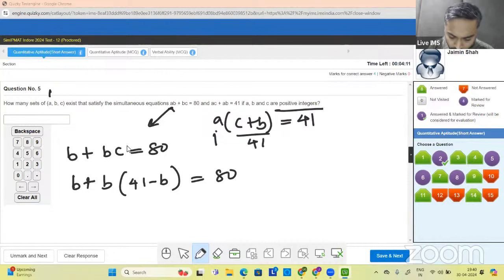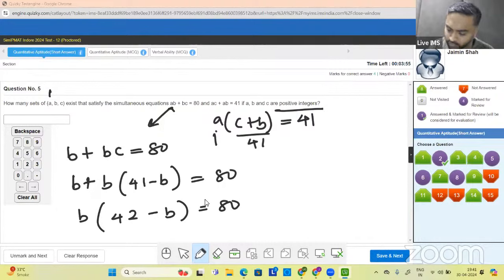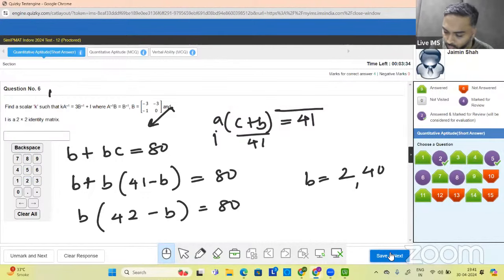So this is basically B into 42 minus B is equal to 80. So it's a quadratic. Not sure whether there will be one value or two values. One value I can see B is equal to 2 definitely satisfy, because 40 into 2 becomes this. So अगर 2 satisfy करेगा तो 40 भी करना चाहिए. Yes, 40 also satisfies. ठीक है. So I got two values. It cannot have more than two values. So let's move ahead.